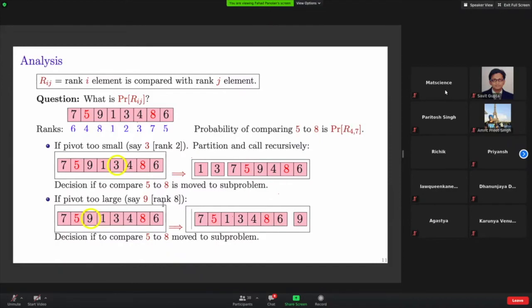And suppose you choose a pivot whose rank is more than 8, then both 5 and 8 will be in the left subarray, and the decision of whether to compare 5 and 8 will be taken in the left subarray. So this will be pushed towards the left.